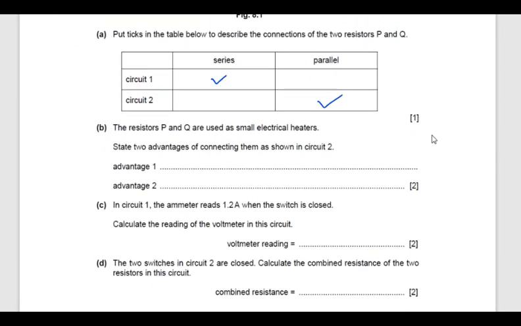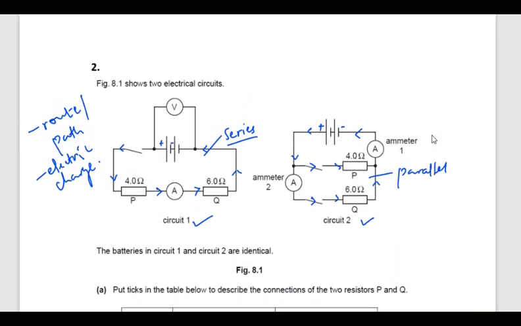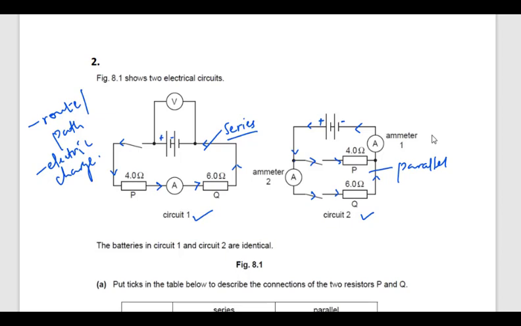Okay, question 2, that's the B part. The resistors P and Q are used as small electrical heaters. We have to state 2 advantages of connecting them in circuit 2. Remember I just said that circuit 2 is a parallel circuit.